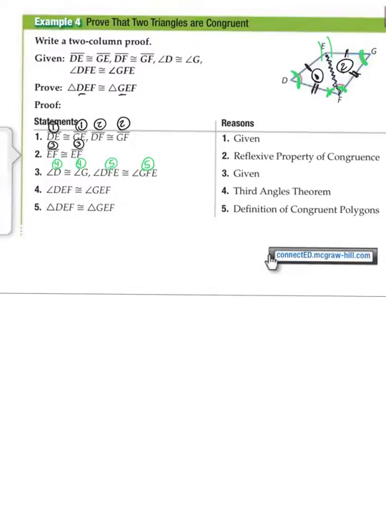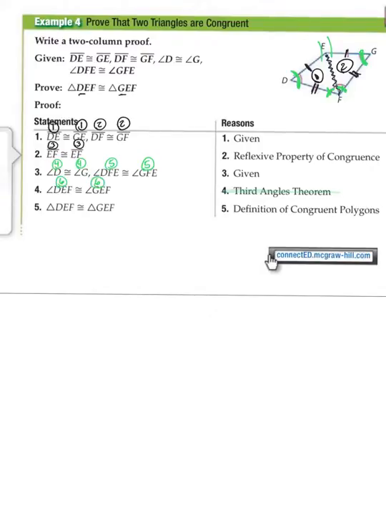We just learned that, by the Third Angles Theorem, the last two angles have to be equal to each other. So that allowed us to get the 6th piece of the triangle congruent.